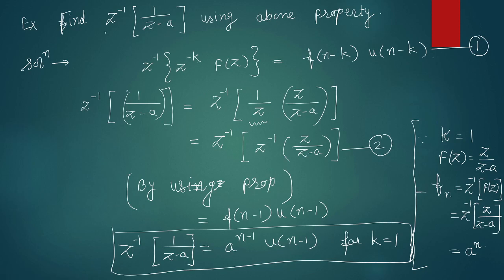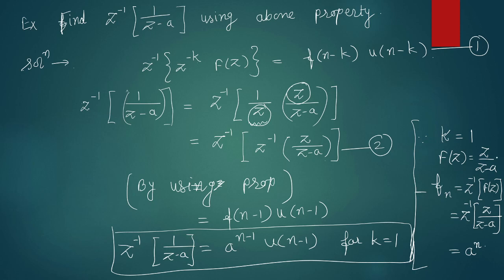Now by using this property, find the z inverse of 1 upon z minus a. This is the property. Now here we adjust this z term. Multiply and divide by z. Then z to the power minus 1 into z upon z minus a. Now here k equal to 1.